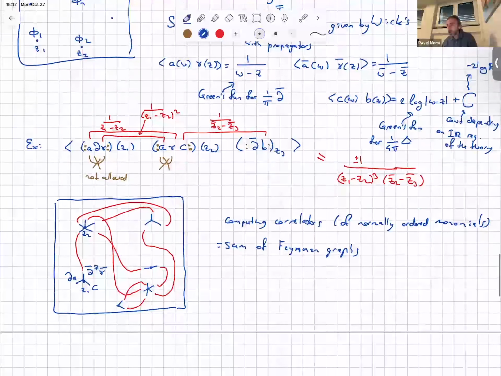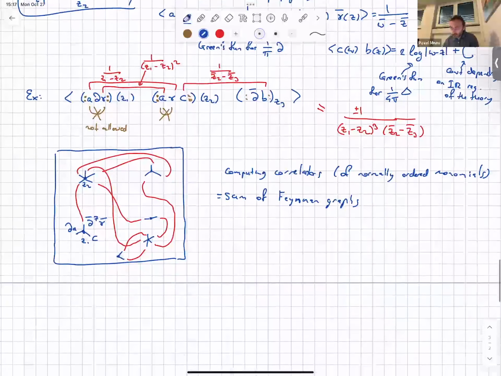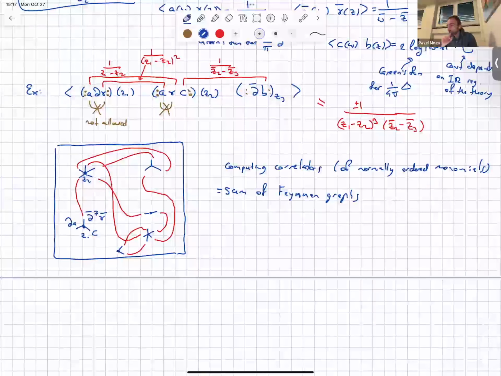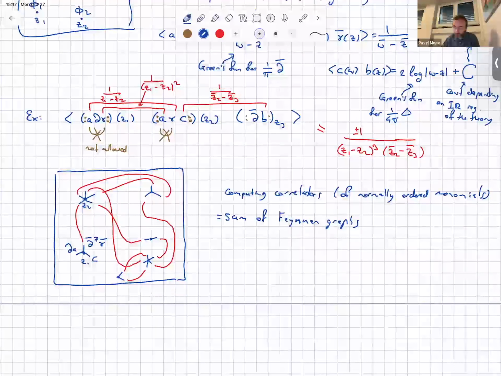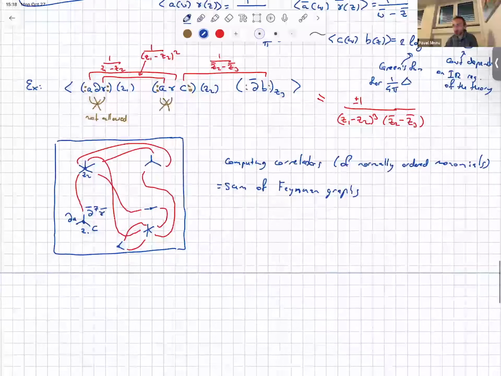Okay, so now maybe one more remark about these composite fields, the objects that I can calculate the correlators of.